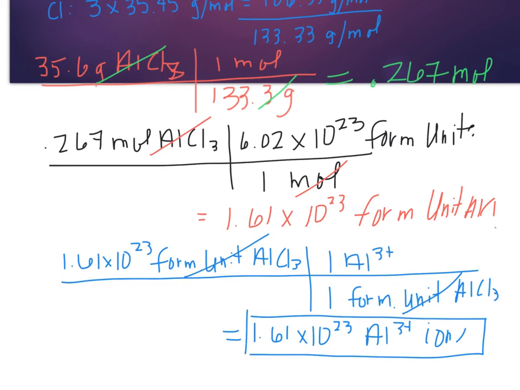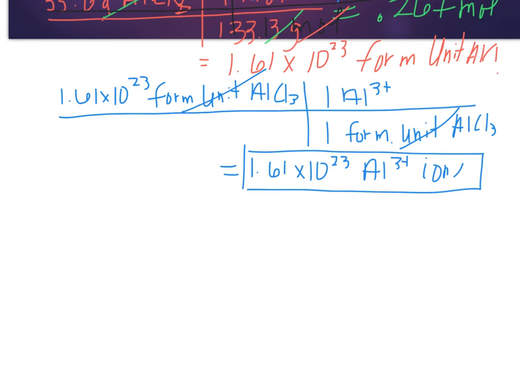Now I'm going to do the same thing, except with chloride ions. Because I had 3 chlorine atoms in the one formula unit of AlCl3, the only thing that's going to be different is I'm going to put 3 Cl minuses up there.